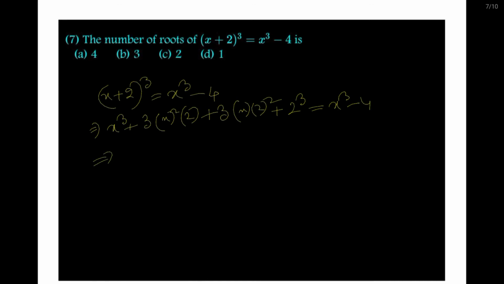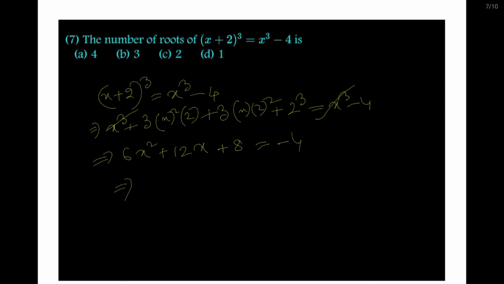And this time x cube and x cube will get cancelled. So the remaining thing is 3 multiplied by 2, 6x square, plus this 2 square will be 4, and 4 when multiplied by 3 will become 12x, plus 2 cube is 8 and minus 4.